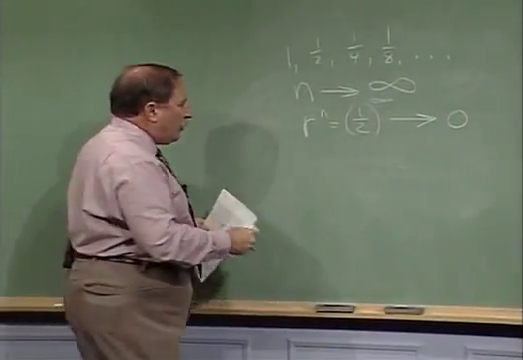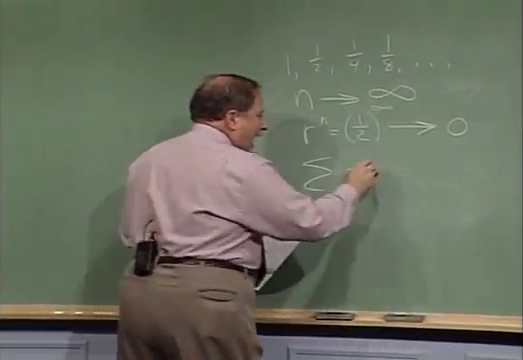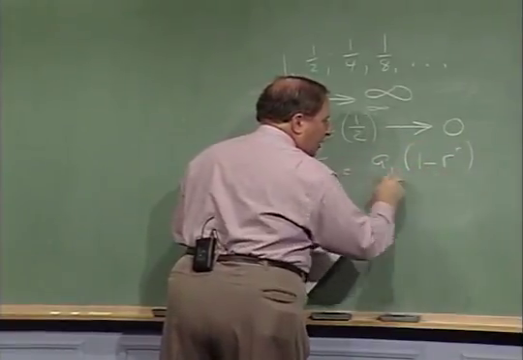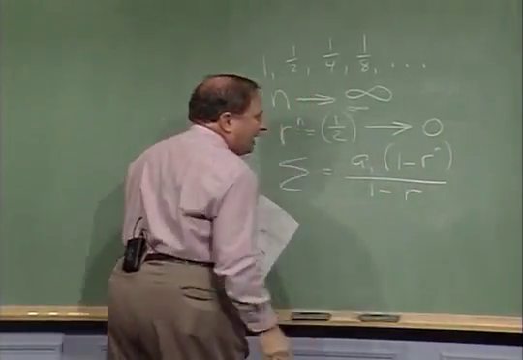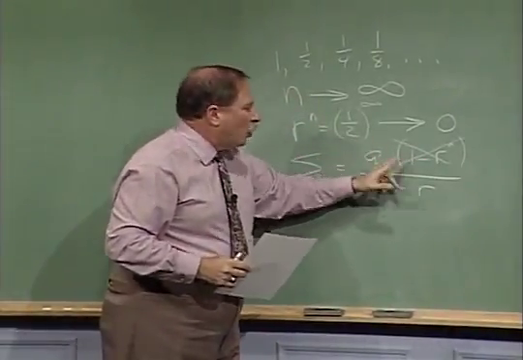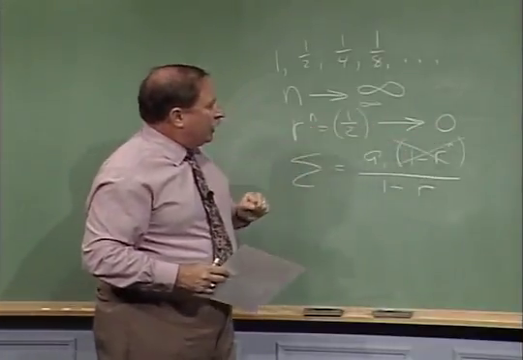So what we wind up with is our sum, which we said was a1 times 1 minus r to the n over 1 minus r. This is 0 because, I should say, this is 1. 1 minus 0 is 1, and 1 times anything is itself.